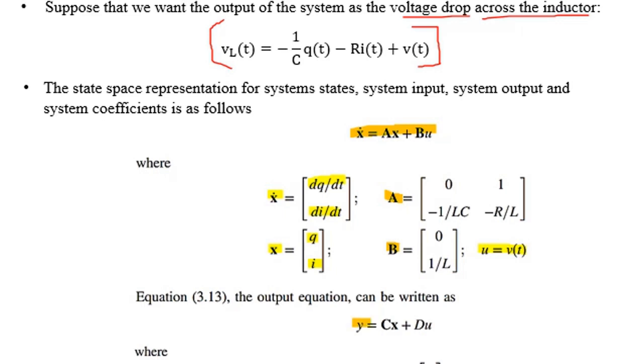Now the output of the system can also be represented in matrix form, where y equals Cx plus Du, where C is the output matrix and D is the feed forward matrix.